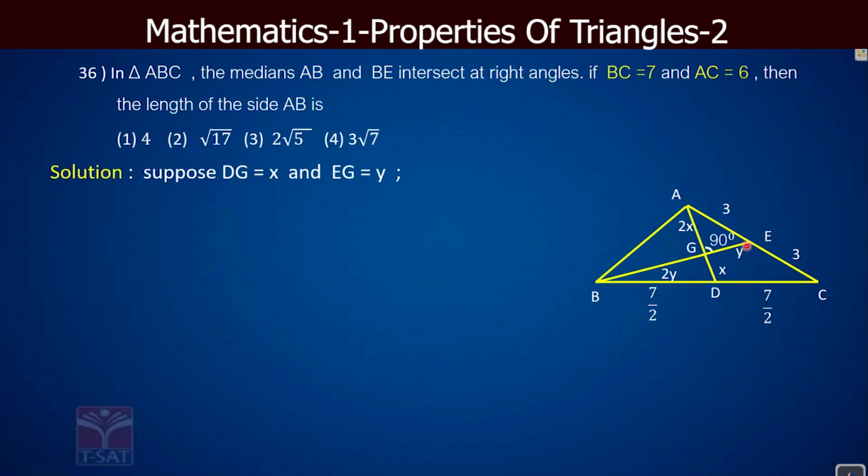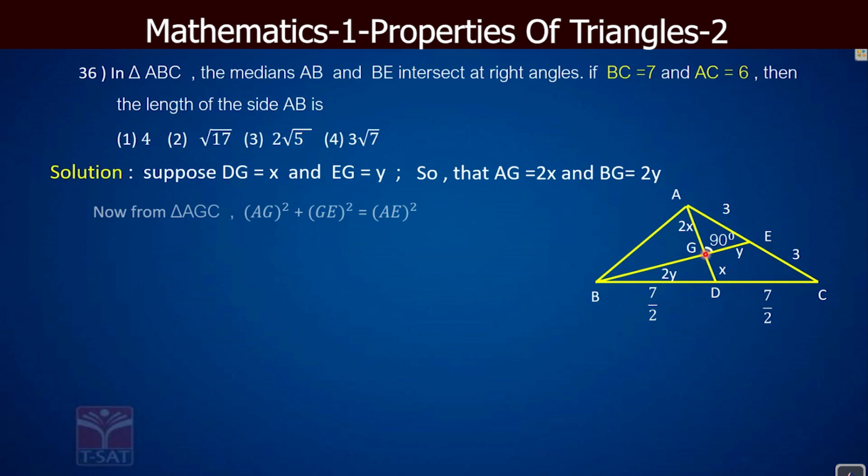Then AG is 2x and BG is 2y, because the centroid divides the median in the ratio 2:1 from the vertex towards the base.